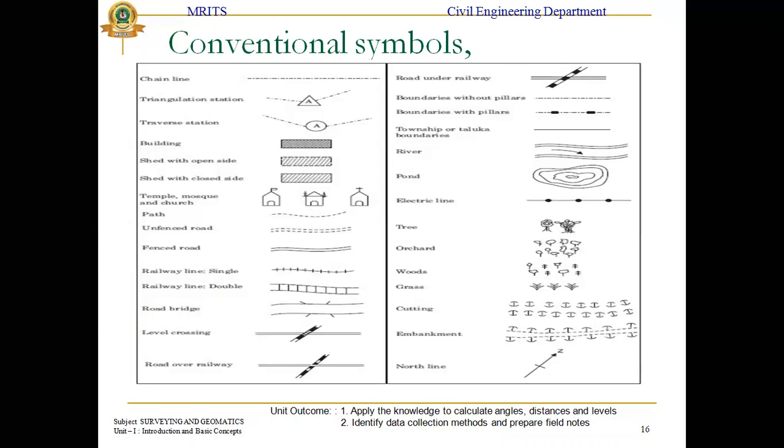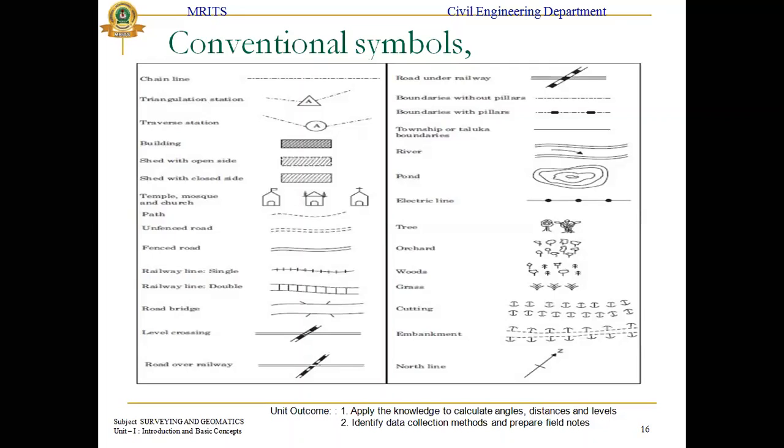Okay, conventional symbols are nothing but symbols for the different areas. Before designing, things like temple, mosque, gurudwara are all used for identification purposes. Next, railway track, double track, single track, road bridge, level crossing. A road over railway means the subway is below and the road is above the railway track.